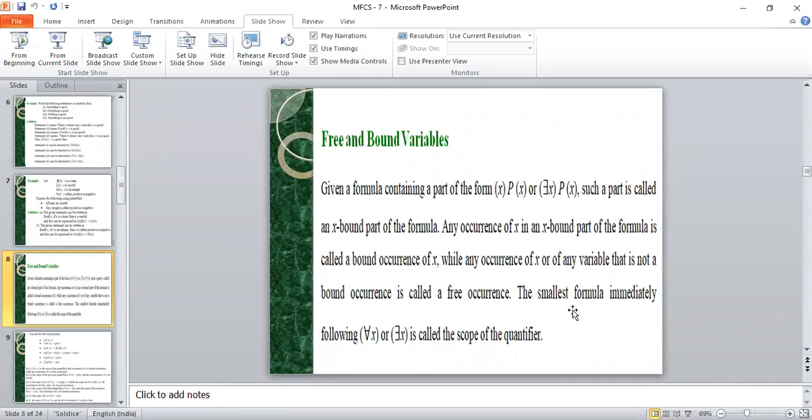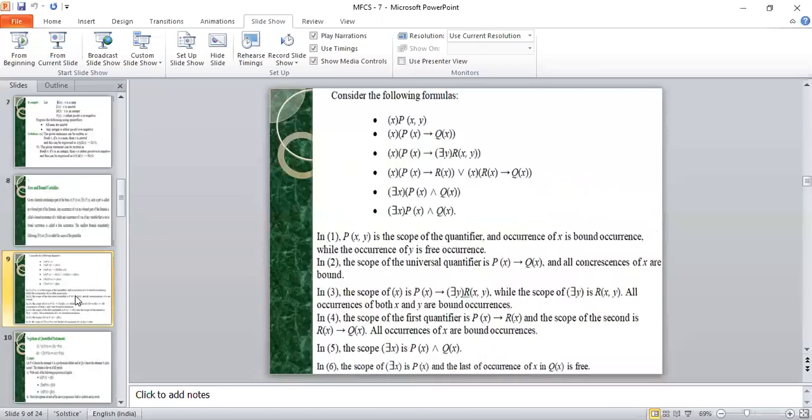So the smallest formula immediately followed by for all x, simple standing alone predicate, is called scope of the quantifier. So simple statement, smallest formula is called scope of the quantifier. Okay na? So example chudandi. Consider the following formulas: for all x p of x comma y.